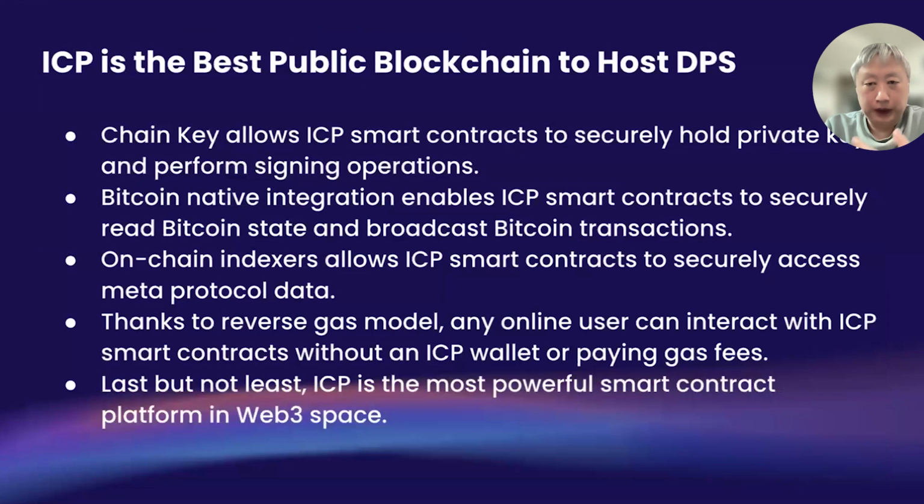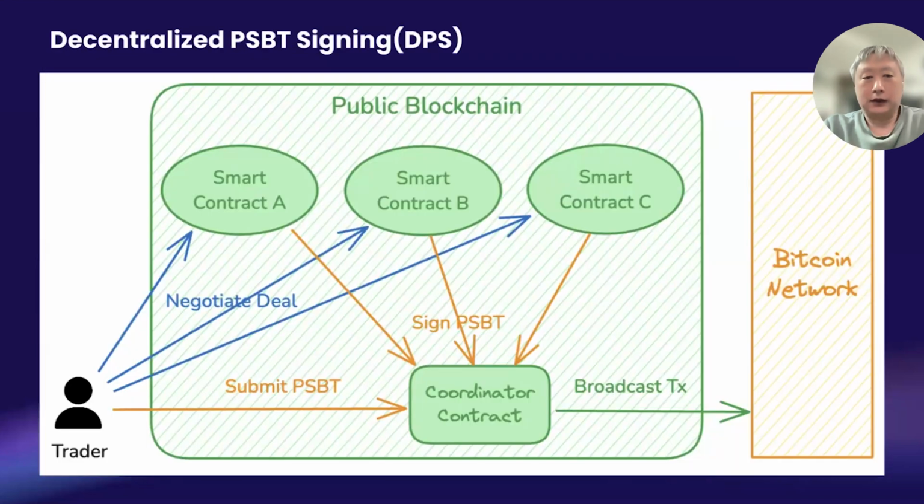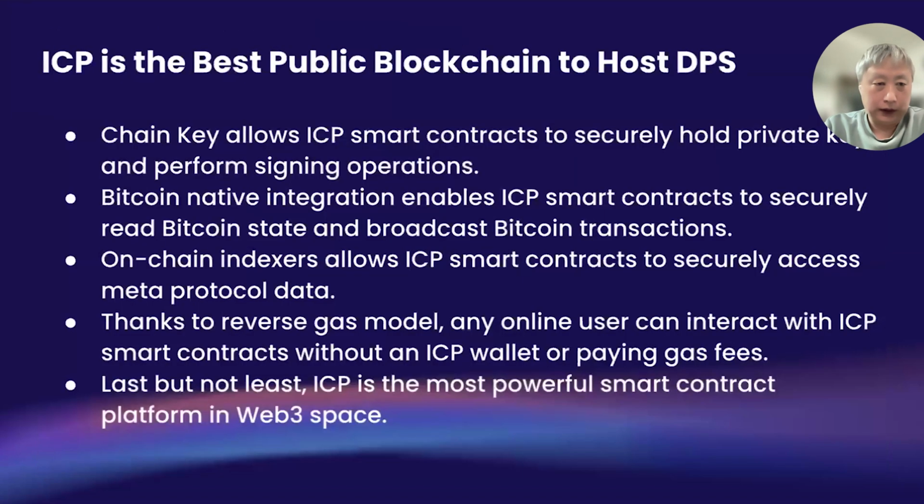Since the whole process happens on a public blockchain, the properties of permissionlessness and censorship resistance will be guaranteed by this public blockchain. Apparently, ICP is the best public blockchain to host this, since chain key, Bitcoin native integration, on-chain indexer, reverse gas model, and the powerful platform itself.